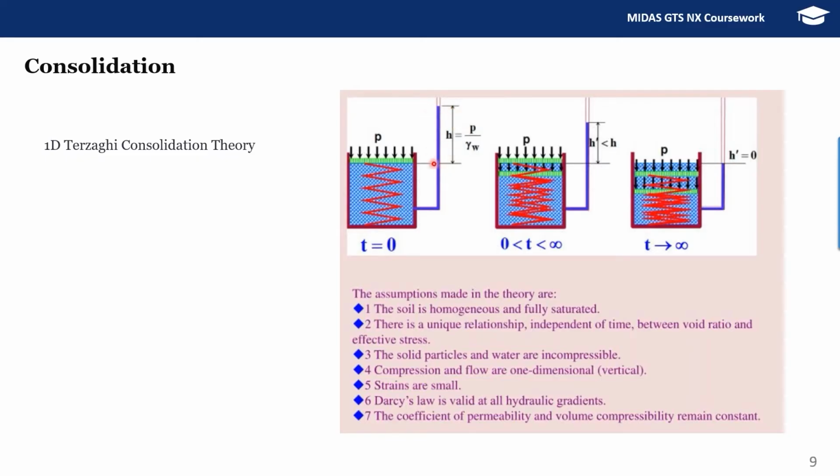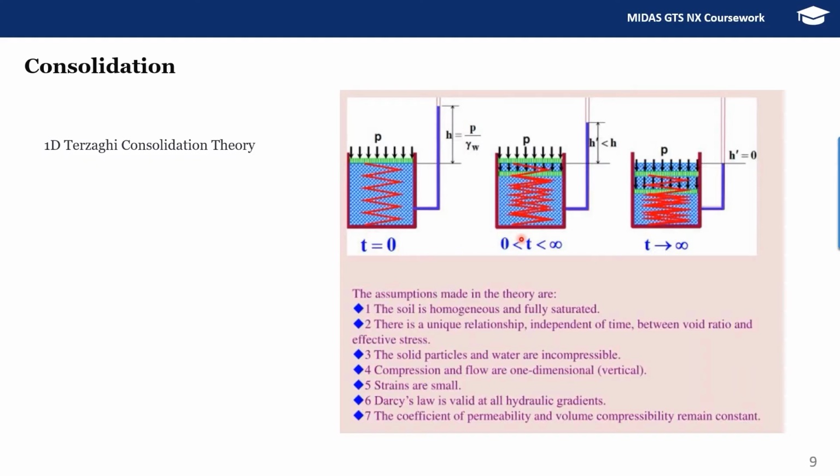The increase in the pore pressure is nothing but your excess pore pressure, and the excess pore pressure is equal to the height over here into gamma w, that's nothing but the unit weight of water. That means the entire load has been taken by the water over here.